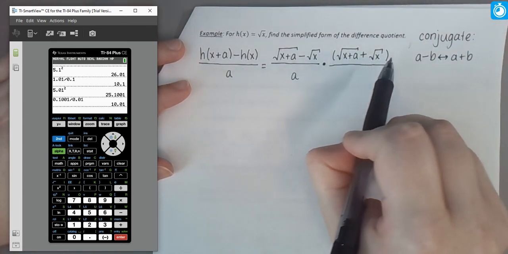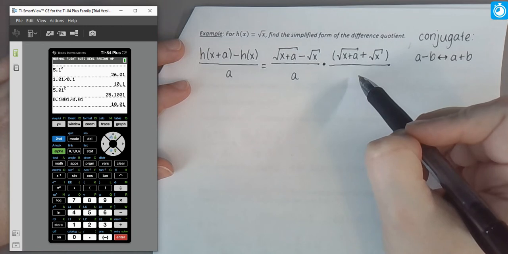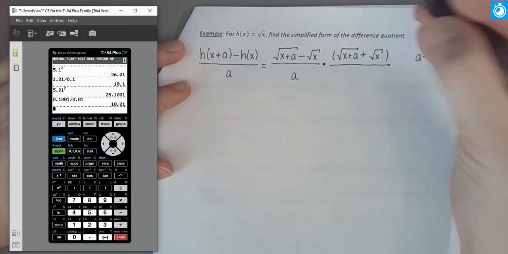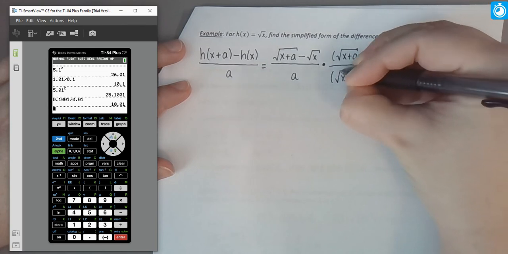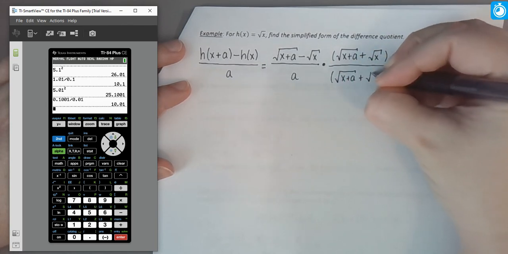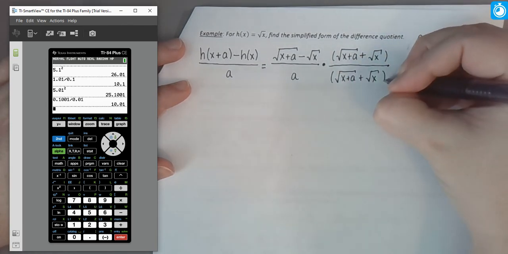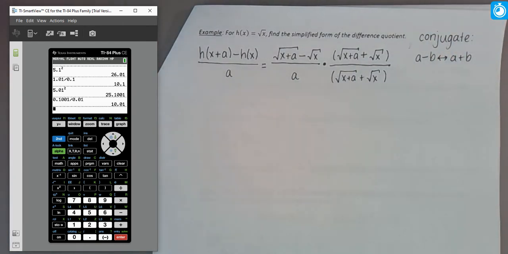Now whatever I do in the numerator, I have to do the same thing in the denominator to keep everything in balance. So in the denominator, I'm also going to multiply by that conjugate expression. And this is going to be the strategy we use in pretty much any situation where we have a radical function and we want to find and simplify the difference quotient.